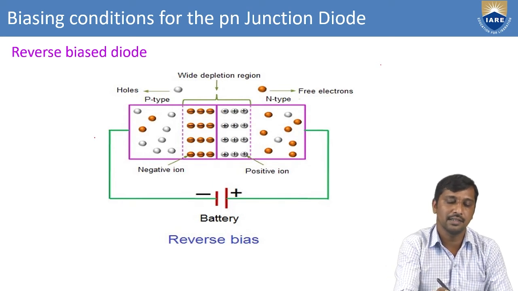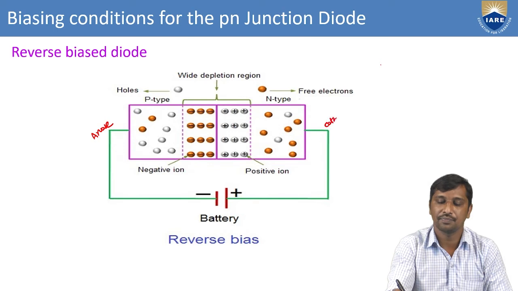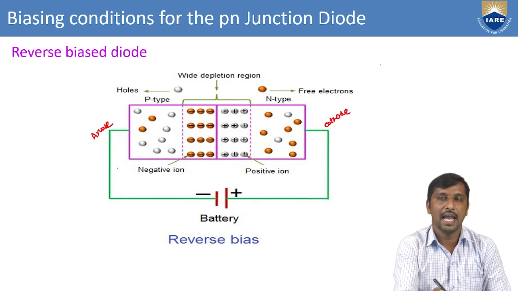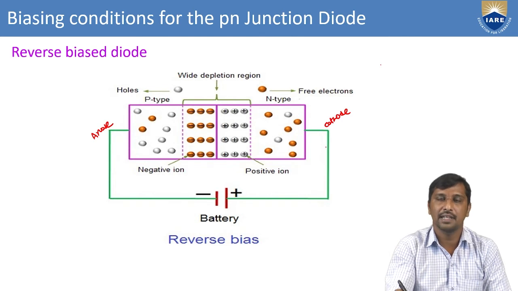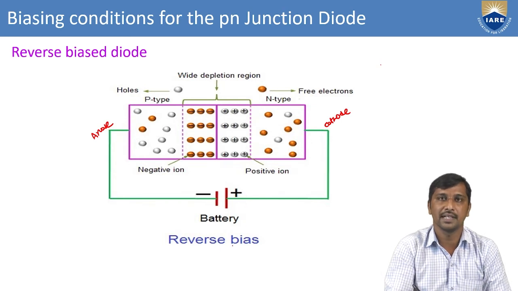So here, this is your anode, and this is the cathode. Your anode is connected to the negative pole of the battery and the cathode is connected to the positive pole of the battery. This type of biasing is nothing but your reverse biasing. We'll see what happens due to this reverse bias.